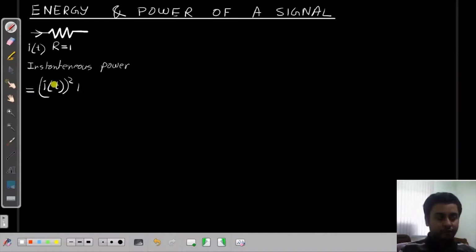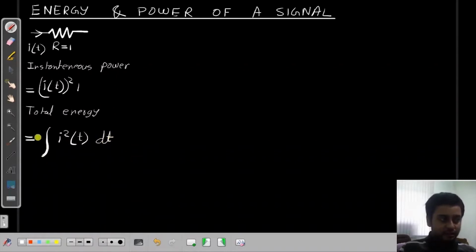Now therefore the total energy dissipated or associated with this signal can be written as integration of i square t, multiplied by dt, from minus infinity to plus infinity.